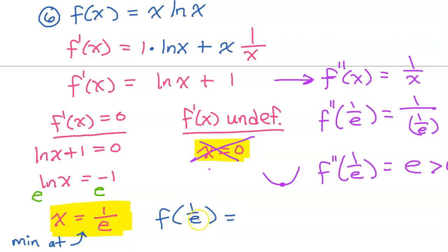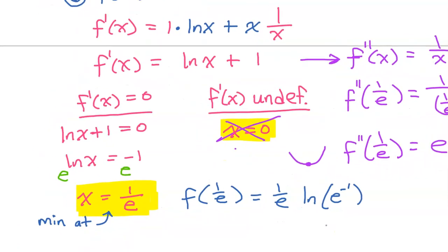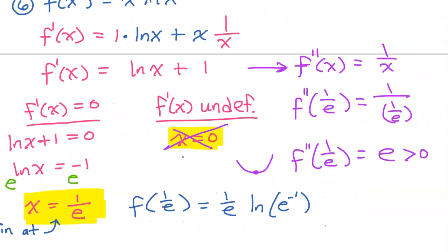What is f at 1 over e? Well, I see the x right there, so that'll be 1 over e. And then I have natural log of x, so that'll be natural log of 1 over e. And I think I will go ahead and write 1 over e as e to the negative 1 power. So guess what?